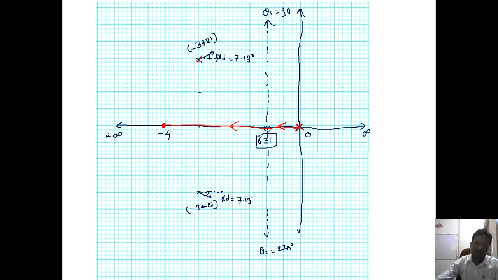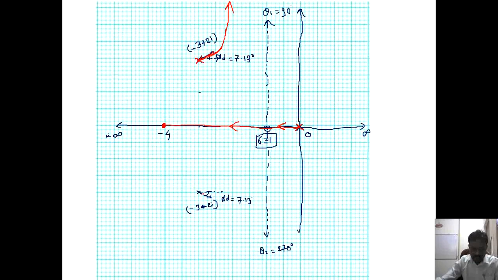Now second pole is here, so root locus is starting at the angle of departure, that is 7.13, so root locus is starting in this direction, and there is no intersection with the imaginary axis, so it will go along the asymptote. So from this angle it will turn and will go to infinity in this direction.